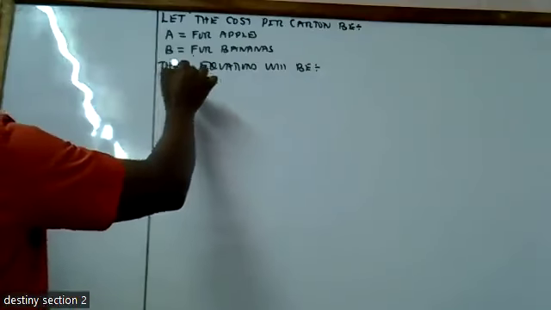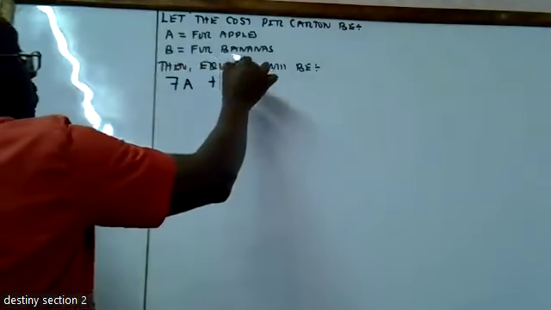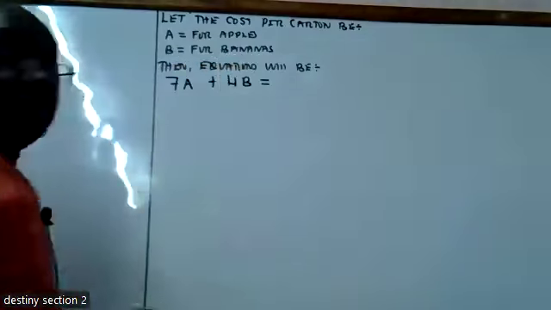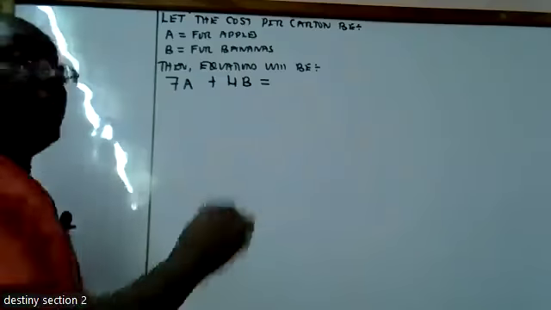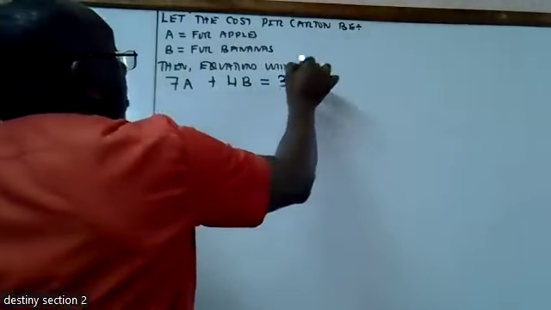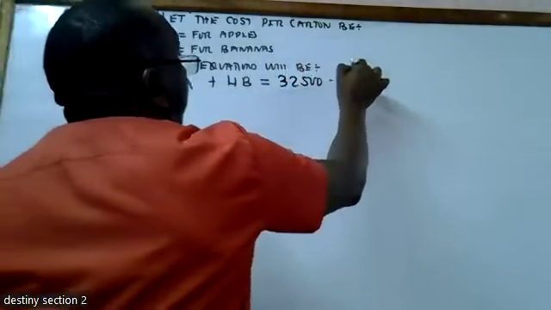So 7A plus 4B is equal to 2,500. That is in the month of January.